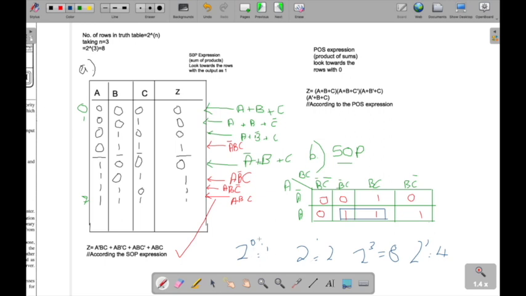Whether it's a SOP expression or POS expression, always follow these rules. You should always take powers of 2. So now we have discussed that concept here.